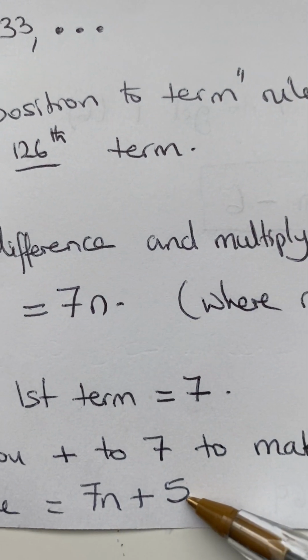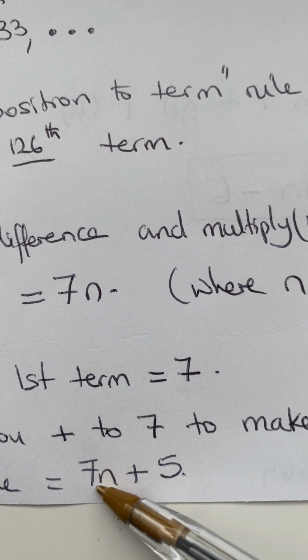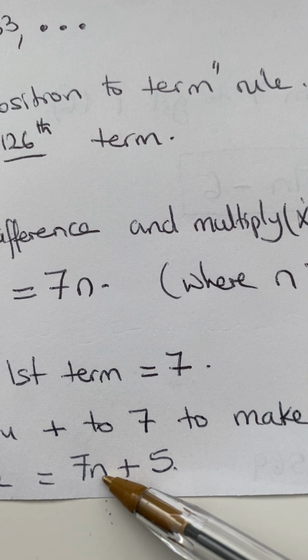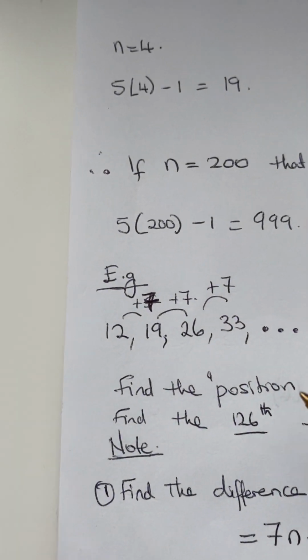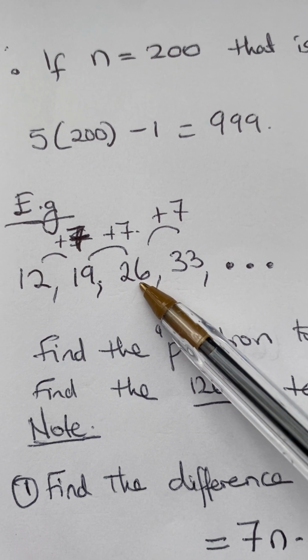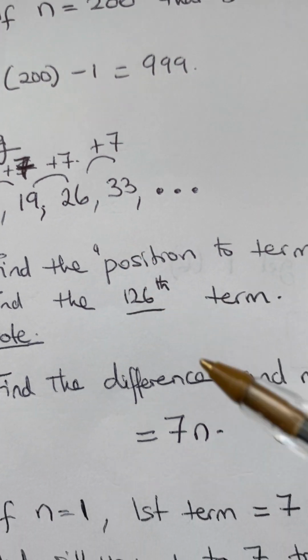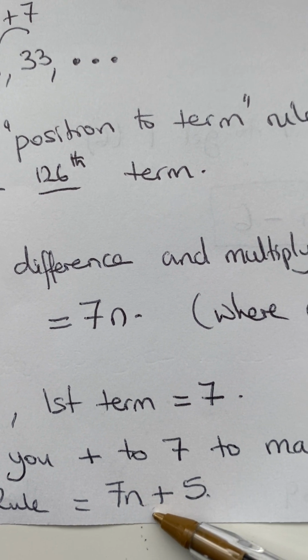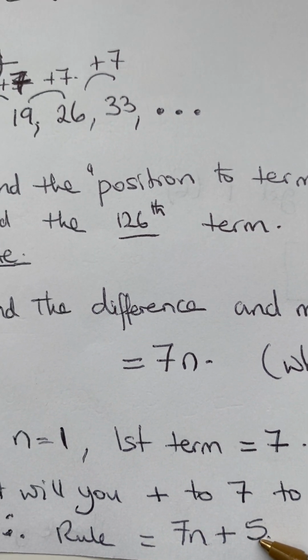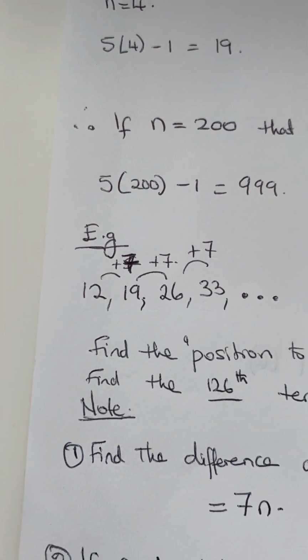When n is 3, we have 3 times 7, 21 plus 5, which will give us 26. When n is 4, 7 times 4, 28 plus 5, which will be 33.